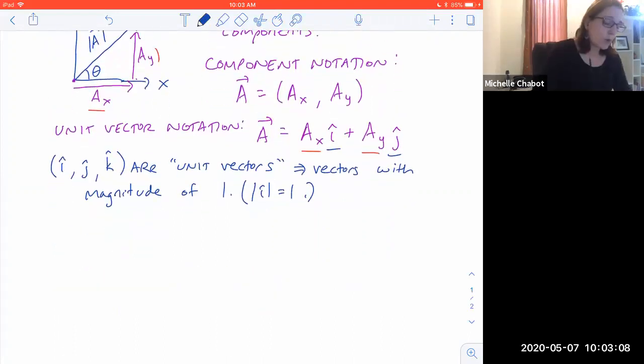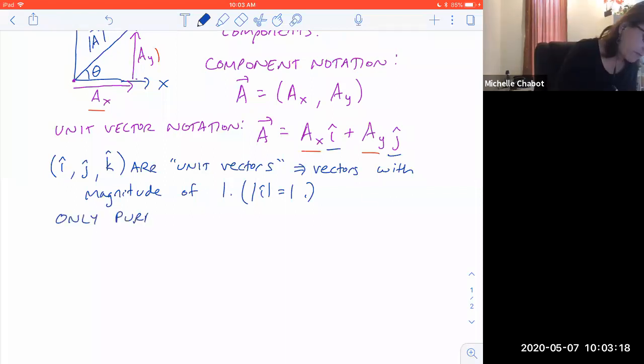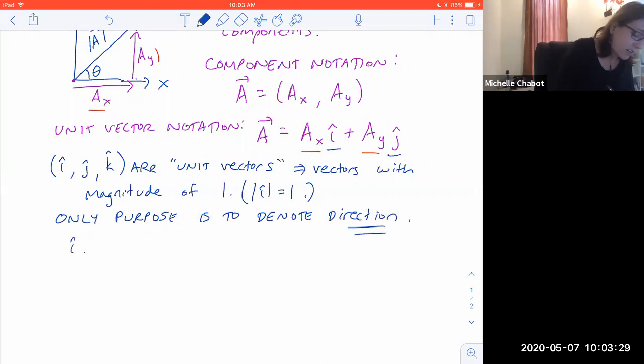So what that means is the only purpose of the unit vectors is to denote a direction. And the convention is ijk, which are just alphabetical.